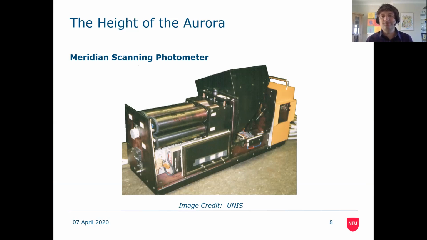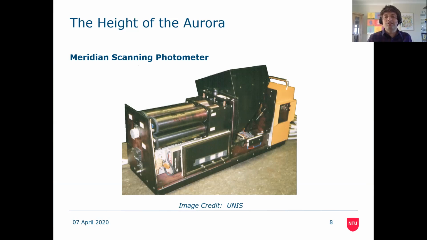And so we get an electrical signal out from the solar panels. So what the Meridian scanning photometer does is it looks just at particular wavelengths, at the wavelengths of light associated with the northern lights. And it converts that information into an electrical current. And based on the size of that current, we can work out the intensity of the northern lights.